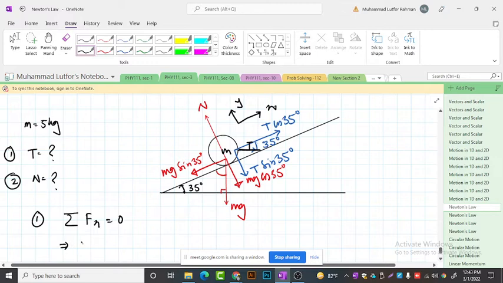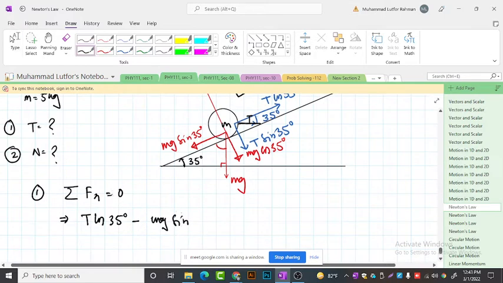Then I'll write T cos 35 degrees, which is towards the positive x direction according to this reference axis, minus mg sine 35 degrees must be equal to 0.